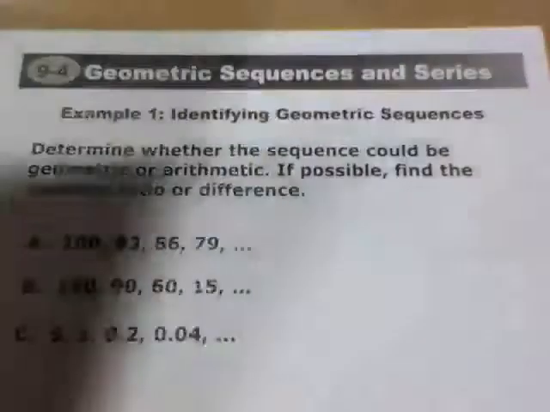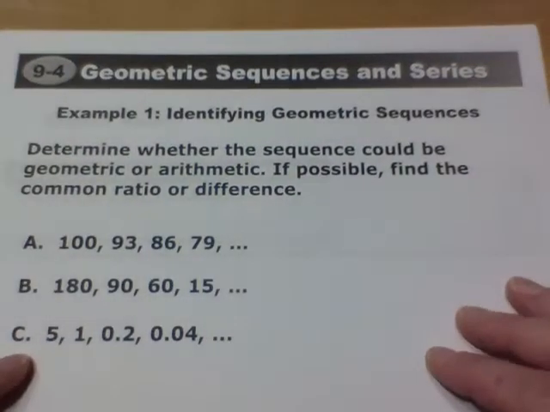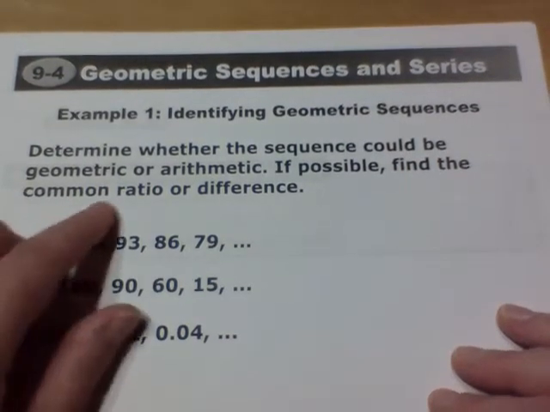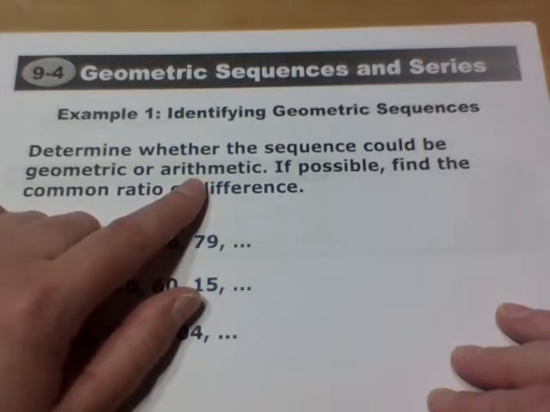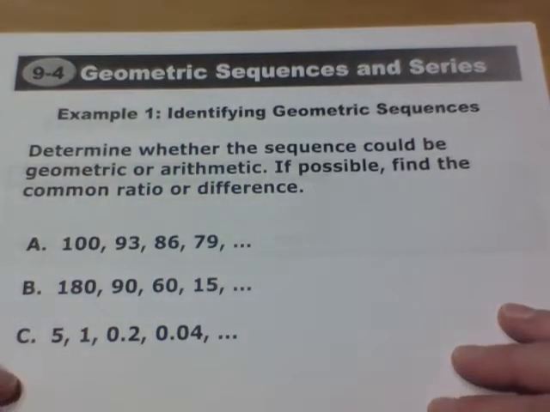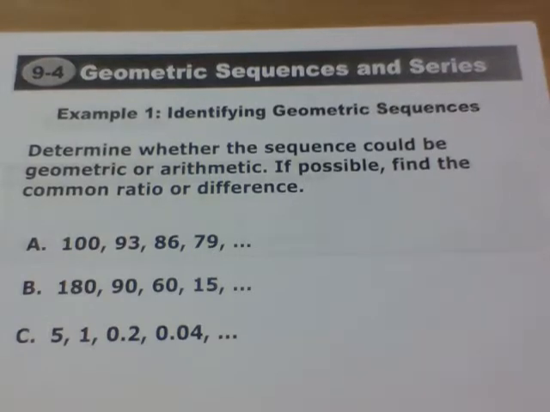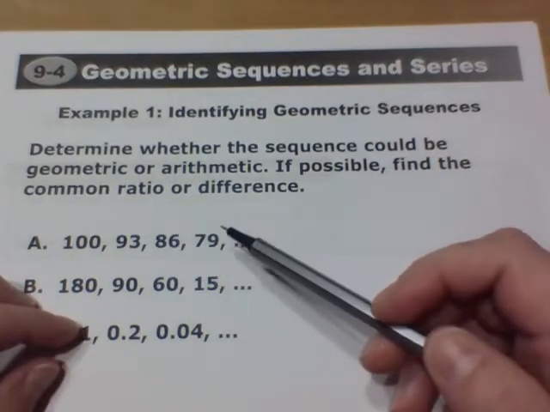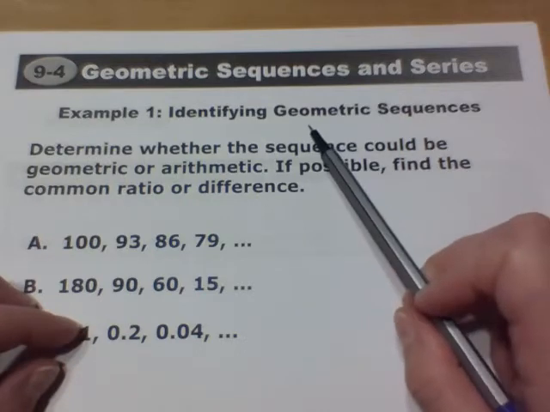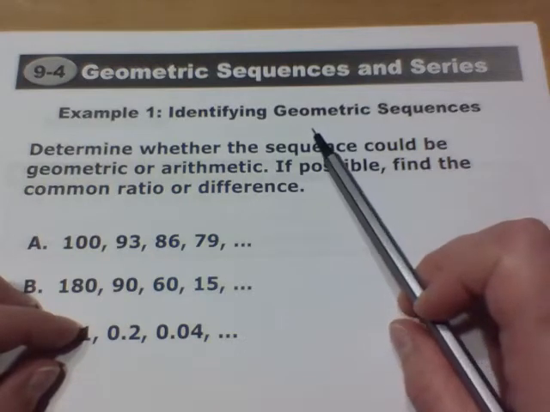So the next piece here is just going to identify some geometric sequences and see if they work. We are also going to see if it happens to be arithmetic and then find that common ratio or difference if it exists. So taking a look at our first set here, I can definitely see that we are not growing exponentially, because it turns out geometric sequences are exponential, fast growing or fast decreasing.